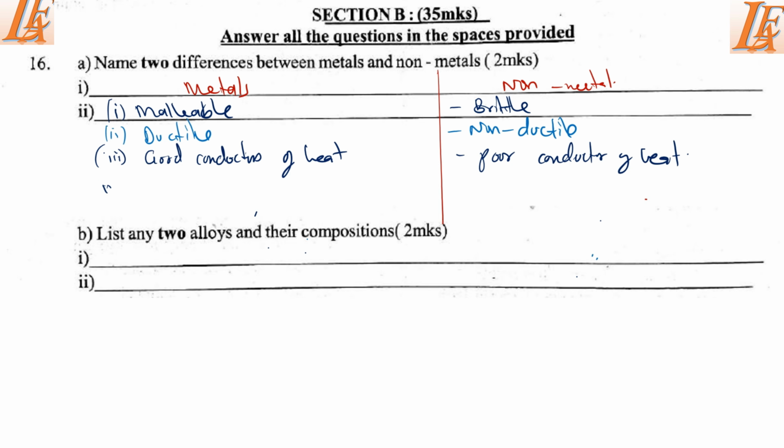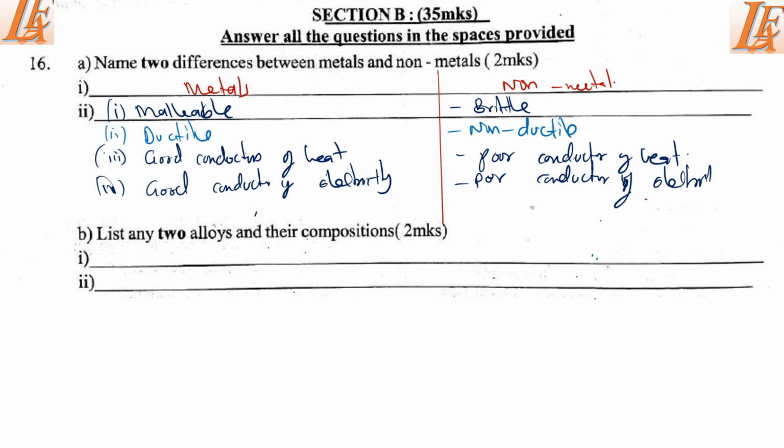Then another difference, number 4, is that metals are good conductors of electricity, while non-metals are poor conductors of electricity. Then you can even give the fifth one: metals are shiny, because most metals are gray in color, while non-metals are dull.